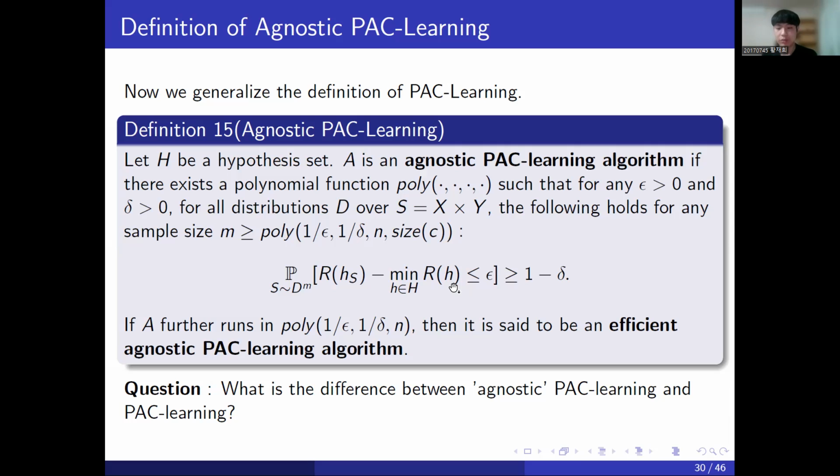Then what is the meaning of this term? Recall that R is a generalization error, and this term stands for the nearest solution of an element of the concept class. So this totally means the probability that the generalization error between a hypothesis and the nearest solution exceeds epsilon.